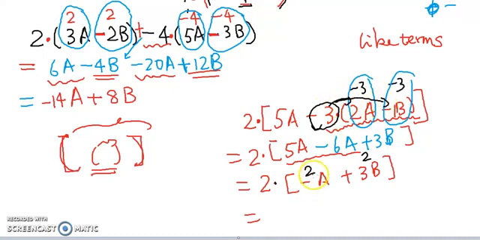But for those students who always forget to distribute 2 to both of them, you probably should put it on top of both terms to remind yourself. So we have 2 times negative 1, which is negative 2a, and we have 2 times positive 3, that's positive 6b. And so these cannot be combined because they're not like terms.